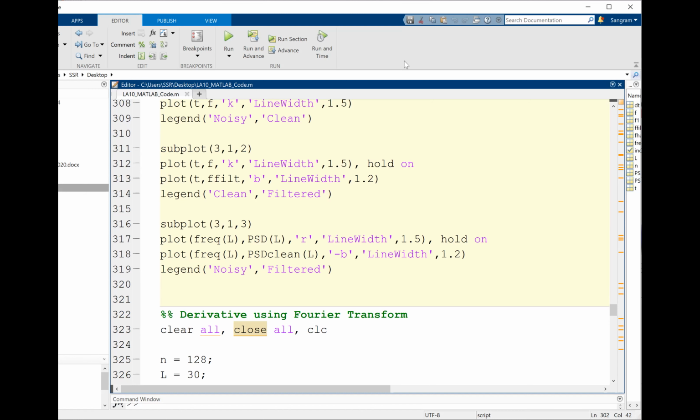What happens if you take the Fourier transform of x dot? If you take the Fourier transform of x dot, you get omega times X. So the Laplace transform is nothing but a Fourier transform.